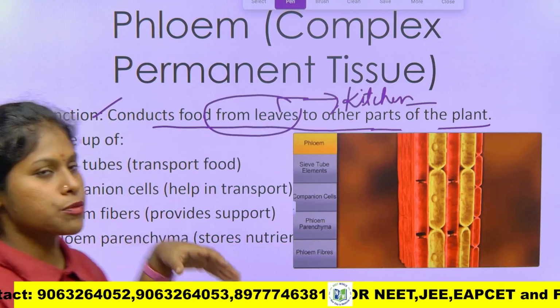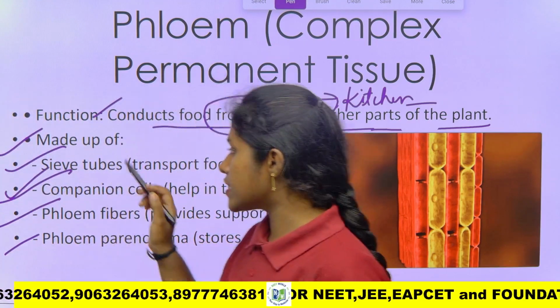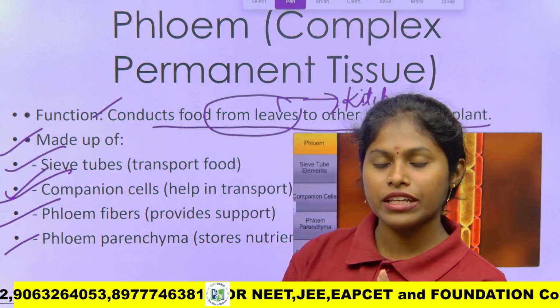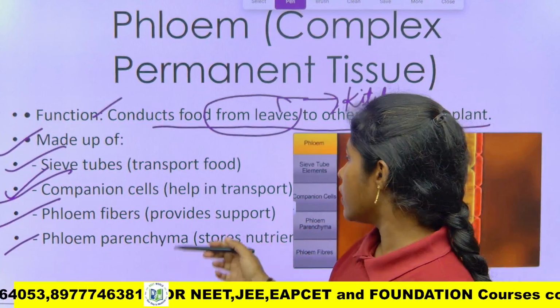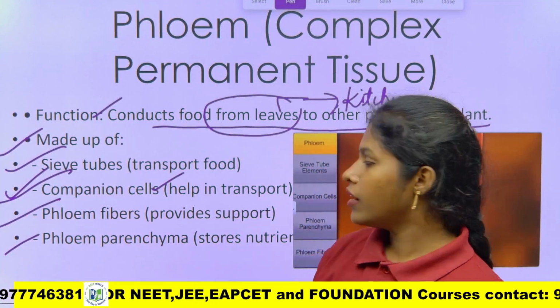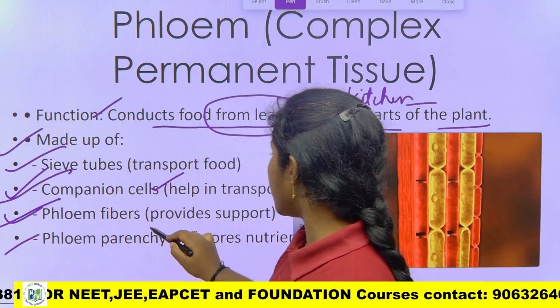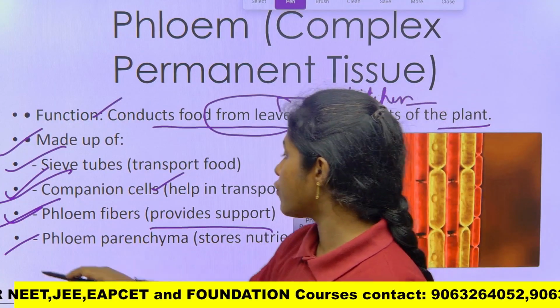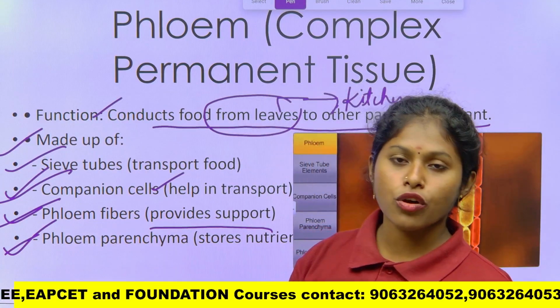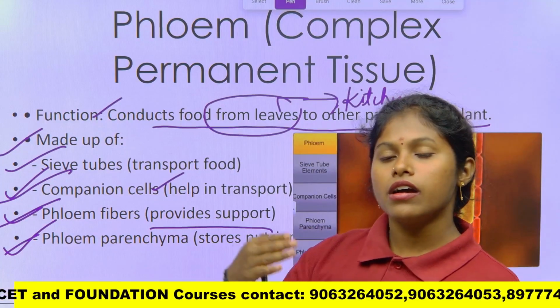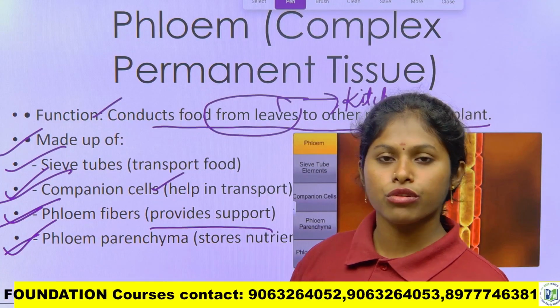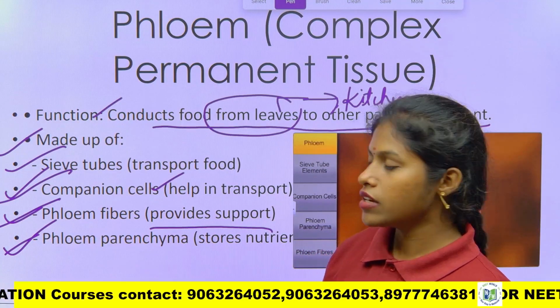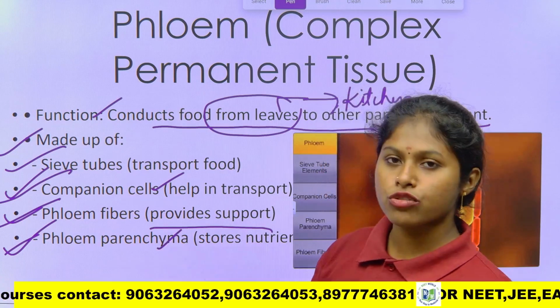Sieve tubes transport the food, and companion cells help in transport. Phloem fibers provide support, and phloem parenchyma functions to store food and also helps in regeneration. It is a living tissue, right, it stores nutrients.